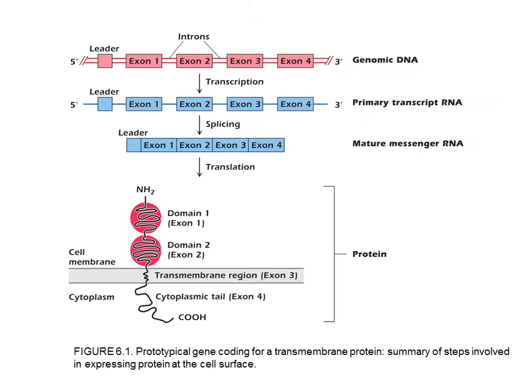For example, if you pay attention to this one, you will see a DNA strand, and then this DNA strand is transcribed into RNA, and then RNA is translated into protein. So that's pretty much the sequence of events in a typical case.